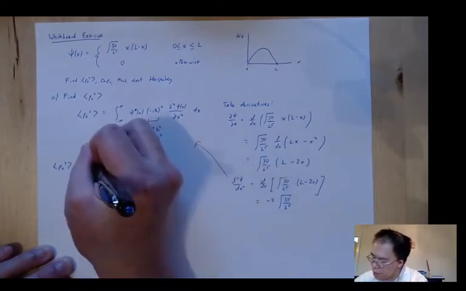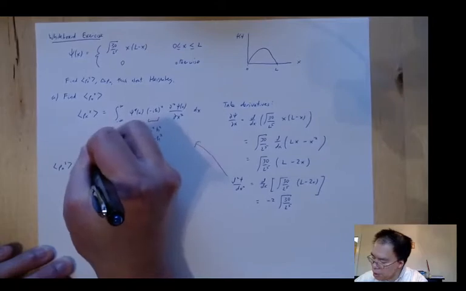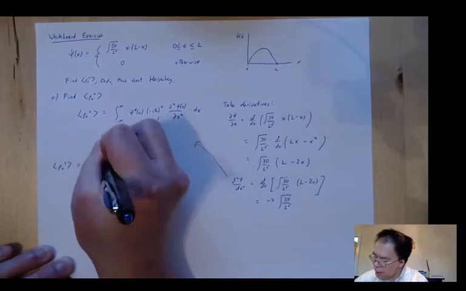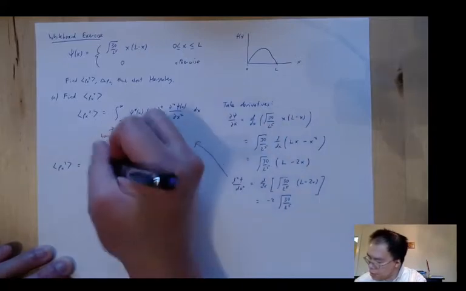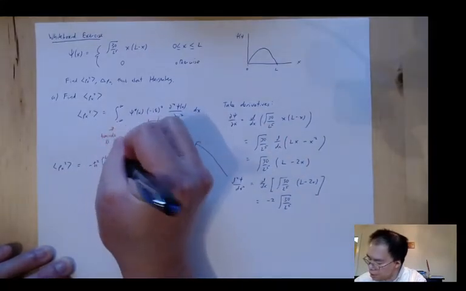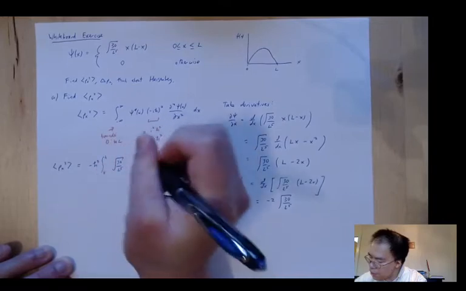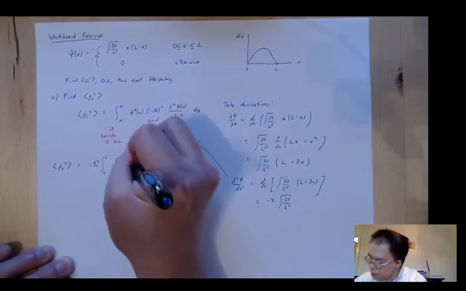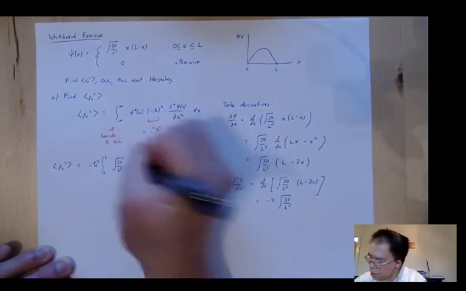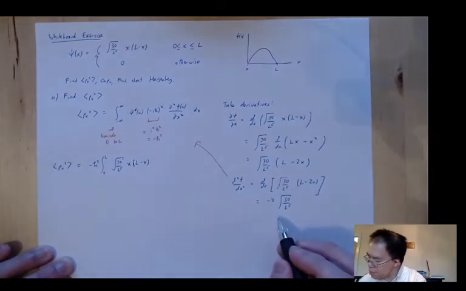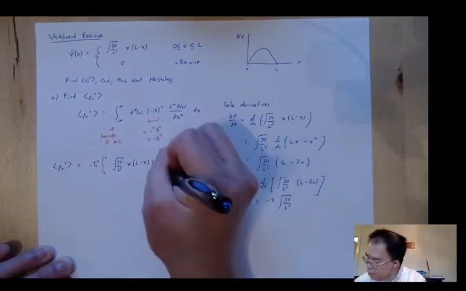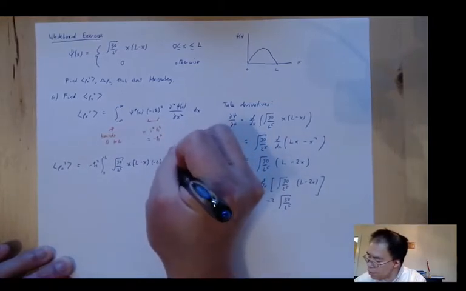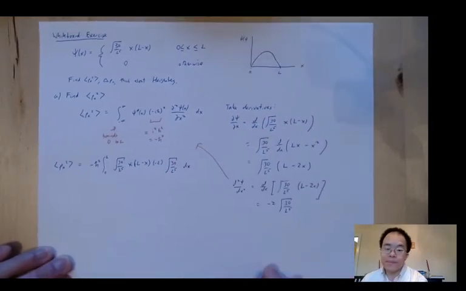So I have a minus h bar squared, integral 0 to L, now of psi star, which is really psi, so that gives me root 30 over L to the fifth, x, L minus x, times this piece here, which gives me a minus 2, and another factor of root 30 over L to the fifth, dx.